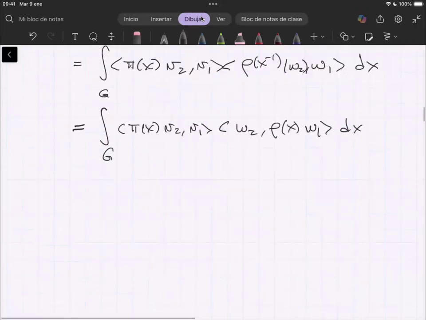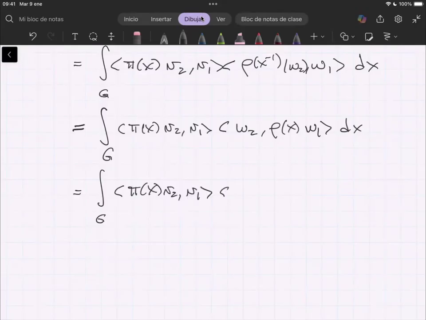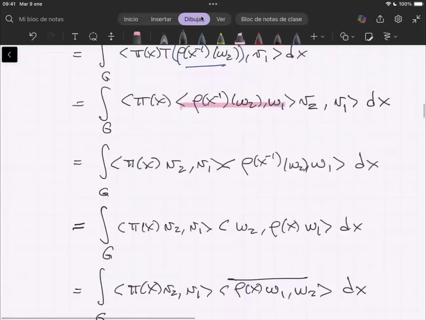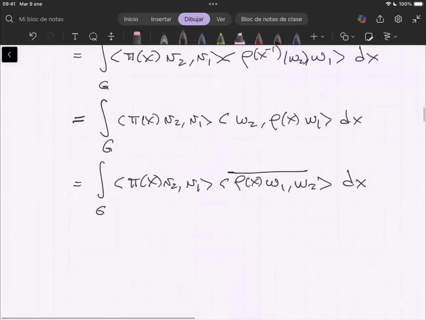And now we use this inner product, conjugate. Yes, so there is a 2 and a 1.